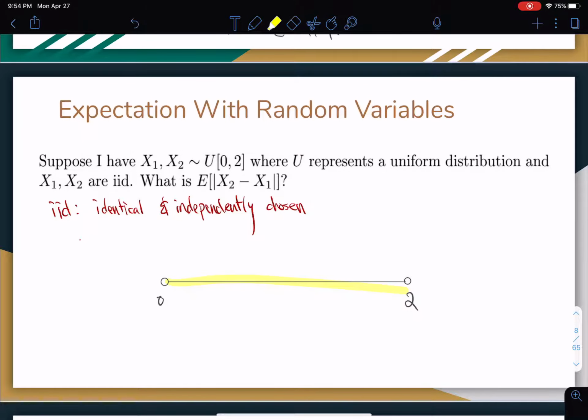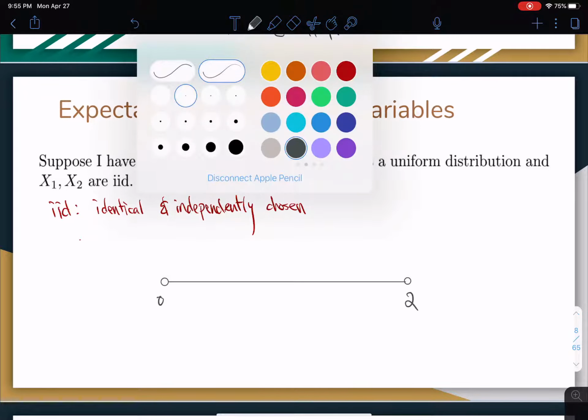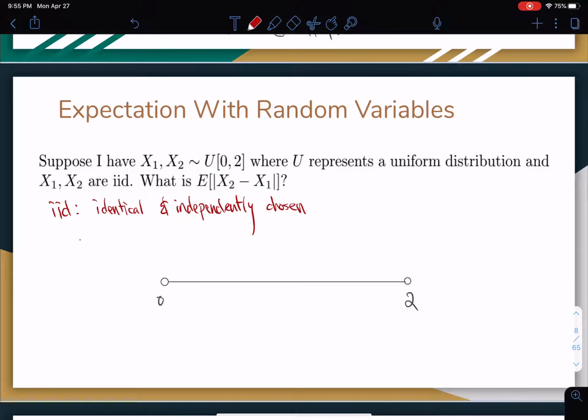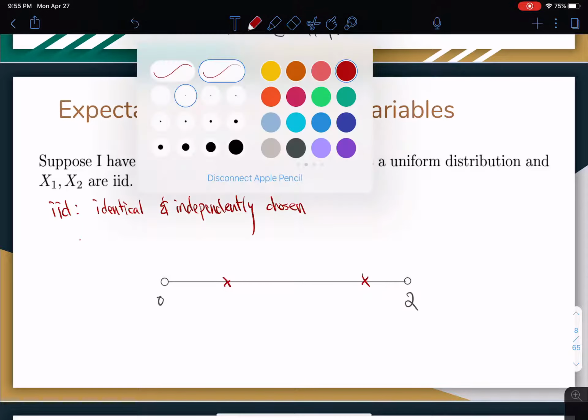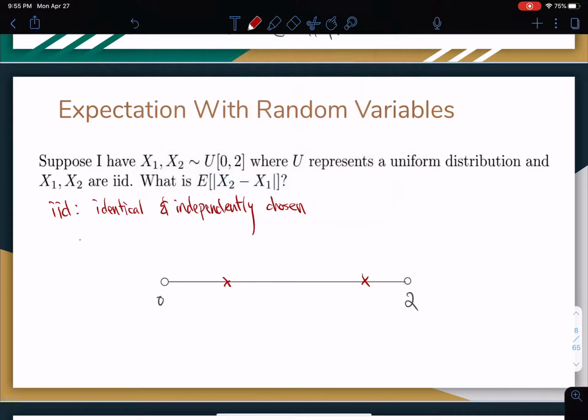It's going to be a random number from there, and x1 and x2 are also chosen independently. So what does this mean? It means that x1 might be chosen somewhere there, x2 might be chosen somewhere there. In another world, we might get x2 chosen here, x1 chosen here. It doesn't matter, right? The gist is it's going to be chosen independently, and we just want to find the distance between x1 and x2.